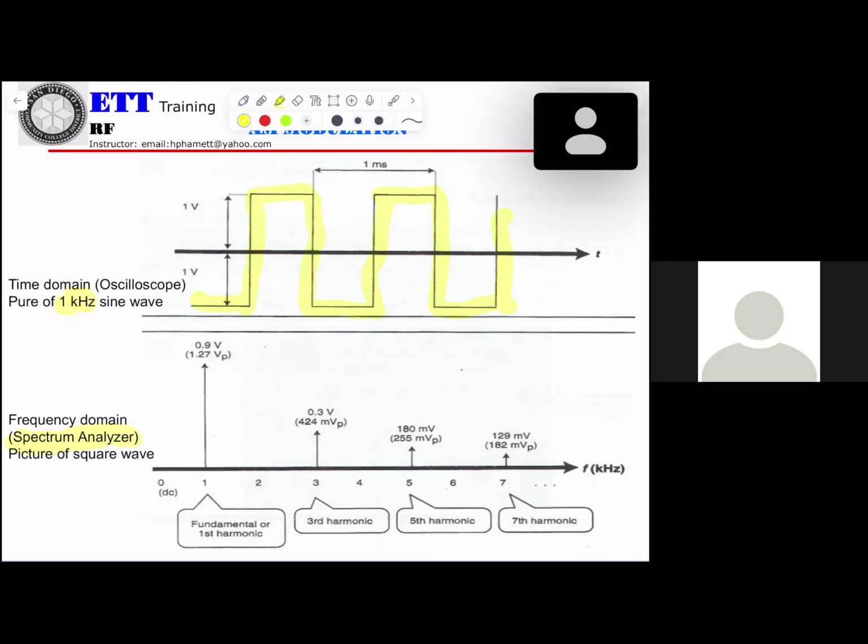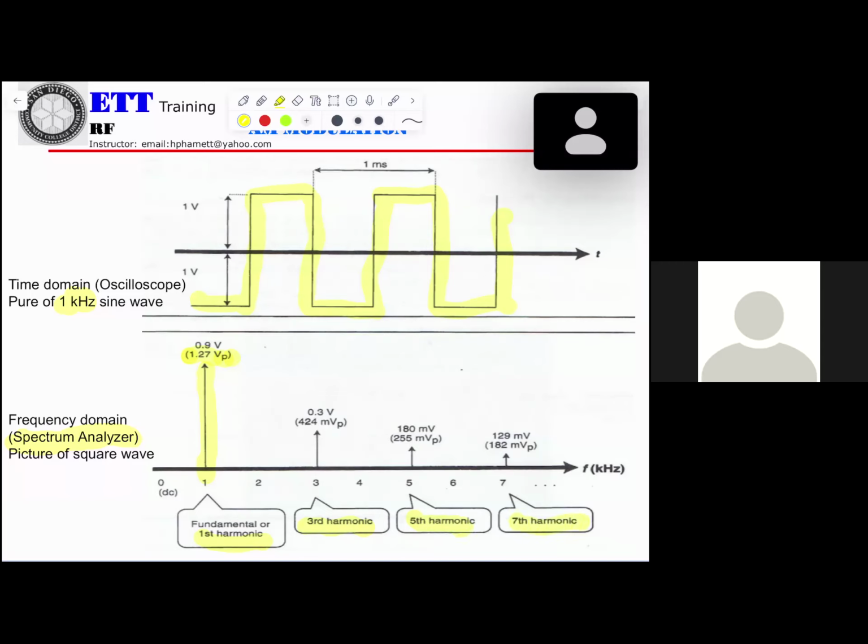And you can see this is the first one, the fundamental, or first harmonic. Then they go to the next one, the third harmonic. That means 1K, then 3K, and so on, 5K.